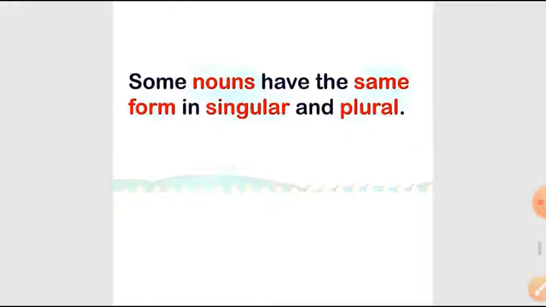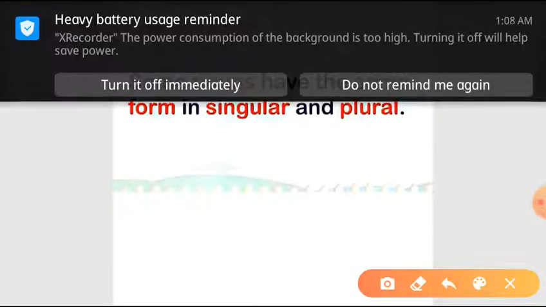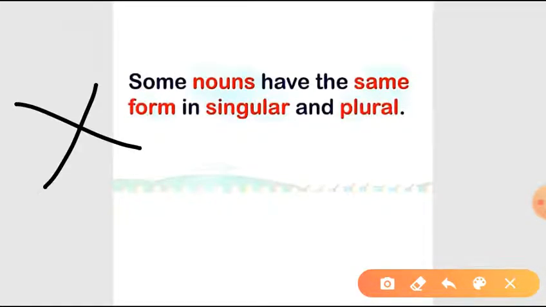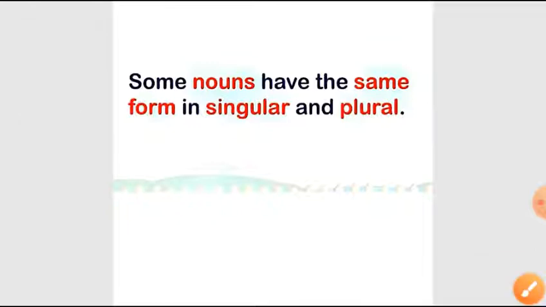Some nouns have the same form in singular and plural. So children, we have completed 4 rules and this is not a rule actually, because there are few nouns that do not follow any rule. So those are known as irregular nouns. The nouns that do not follow any rule, they are considered as irregular nouns. Like this, you can take the example, some nouns have the same form in singular and plural.